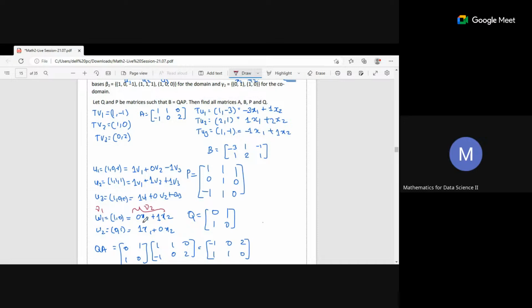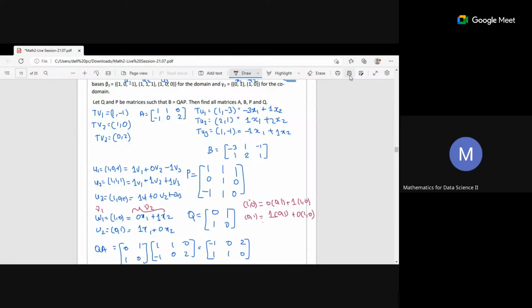Here 1, 0 is 0 times 0, 1 plus 1 times 1, 0. So this vector and this vector are exactly the same. So I'm just putting 1 here and 0 for the other one. And the same I'm doing for the other one also. 0, 1 is the first vector for me, so I'm putting 1 here and for the other one I put 0. That's all. So basically we have to write W1 in terms of X1, X2.